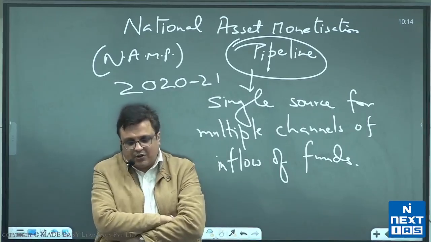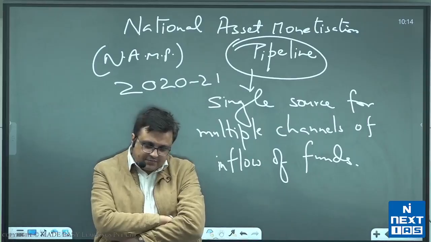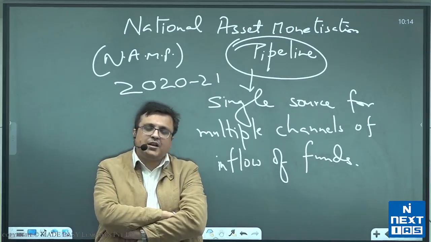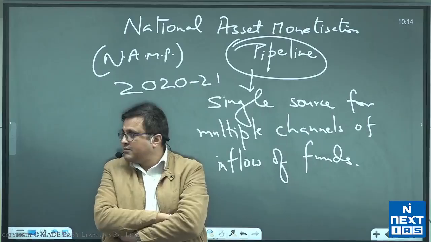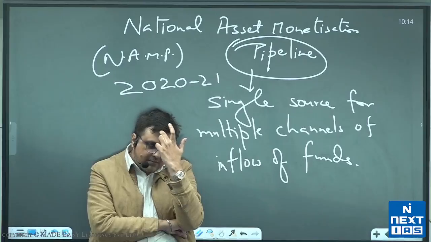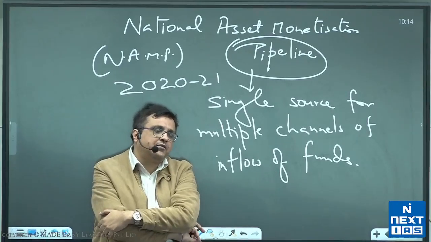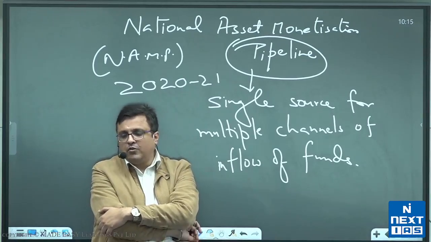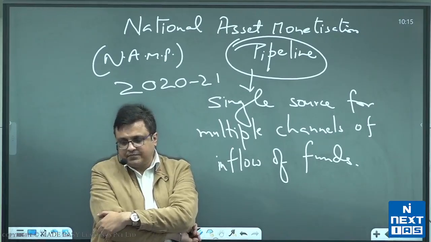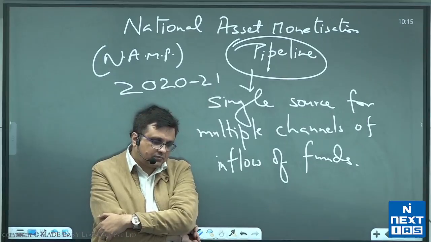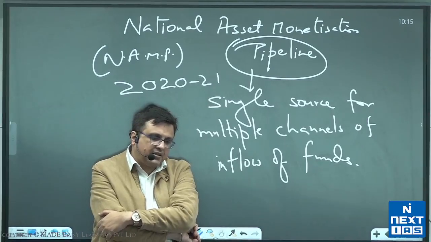Okay, you write within this now, in the first part of the benefit. You write, it will result in providing rupees 6.5 lakh crore over next 5 years, as estimated by the government.